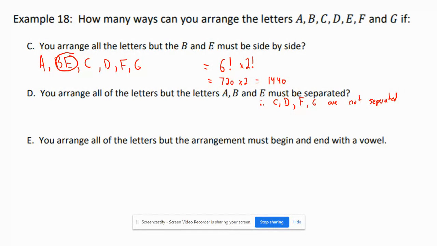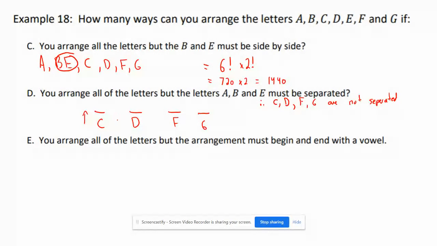Make sense? Okay, here's the way we're going to do this. What I'm going to do is place my letters C, D, F, and G. Now, they're not necessarily in this order, so I'm going to put the spaces above them over here, but these are where the letters do not have to be, so these guys do not have to be separated, okay?